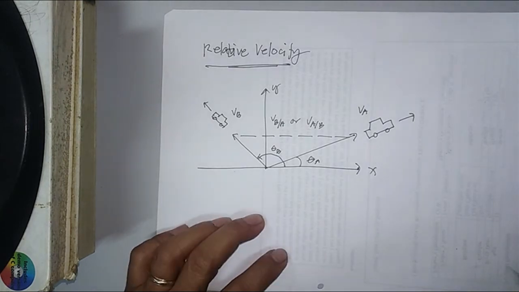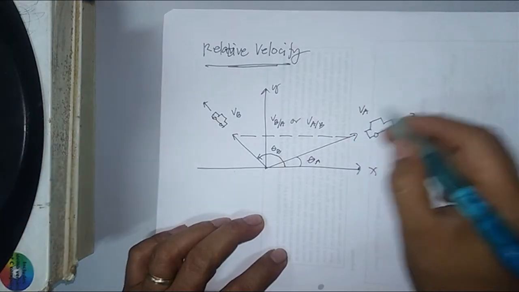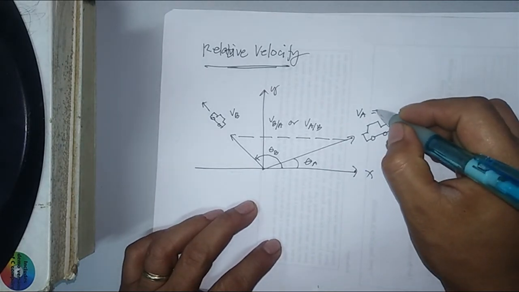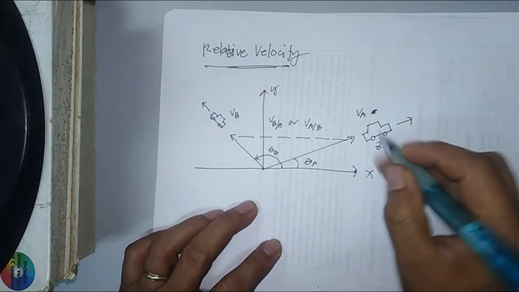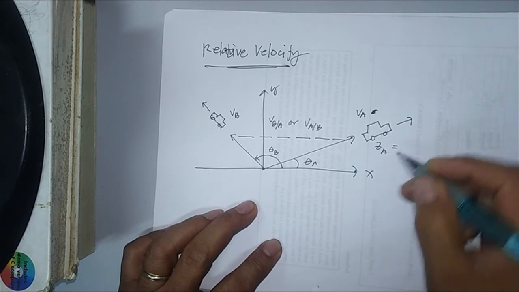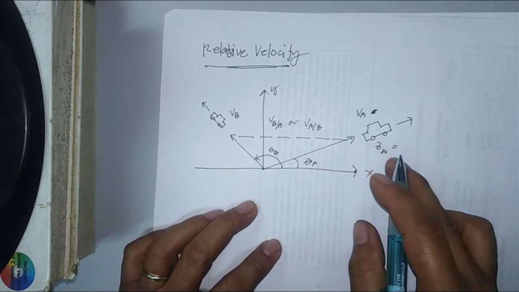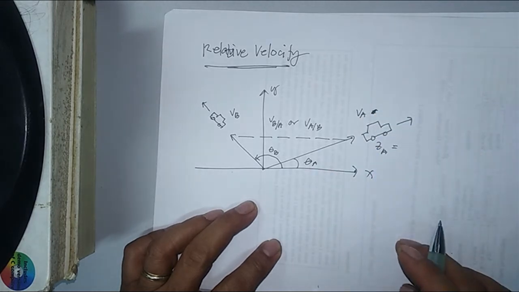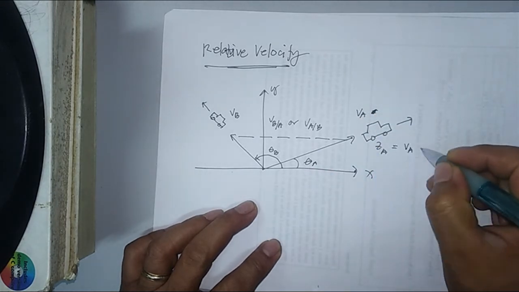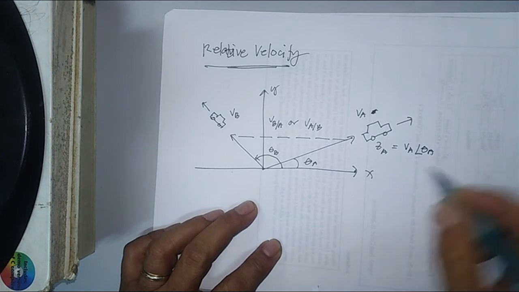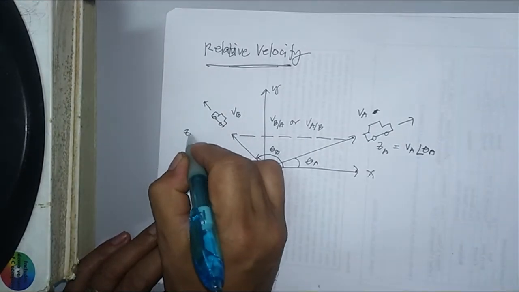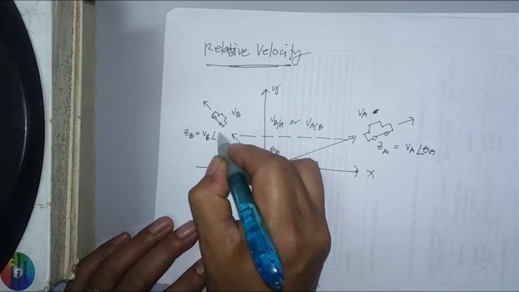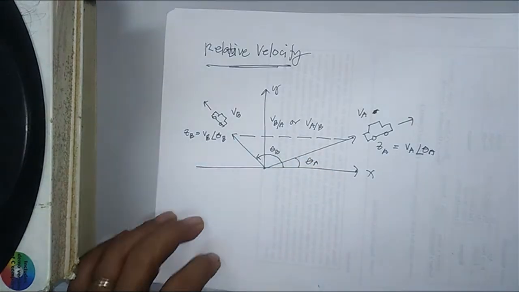If we label this car A velocity as, instead of VA, ZA, that represents the complex number of the velocity of this car A, that is VA angle of theta A, and I will label this as ZB, that represents the velocity of this car with an angle of B.